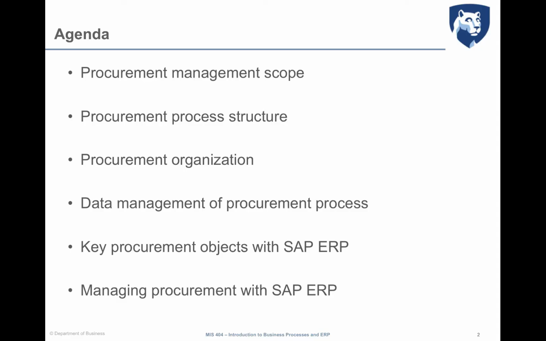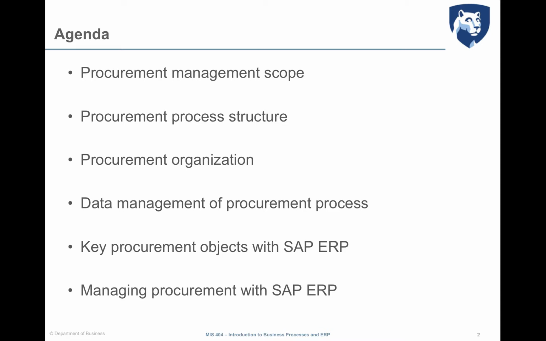That's what we will see in this module. First of all, we will make an introduction to what procurement means, the basic procurement concepts. Then we will focus on the procurement process structure, and give some hints about procurement organization.